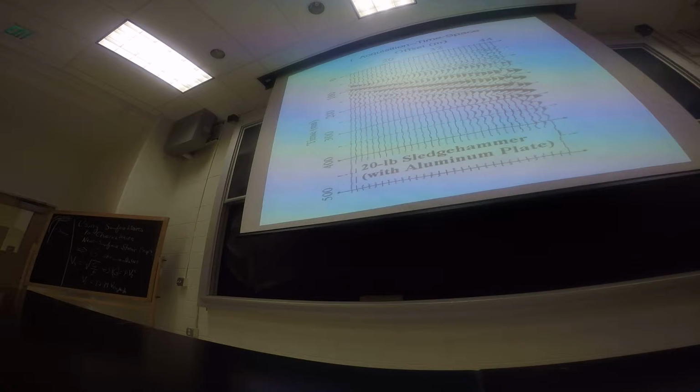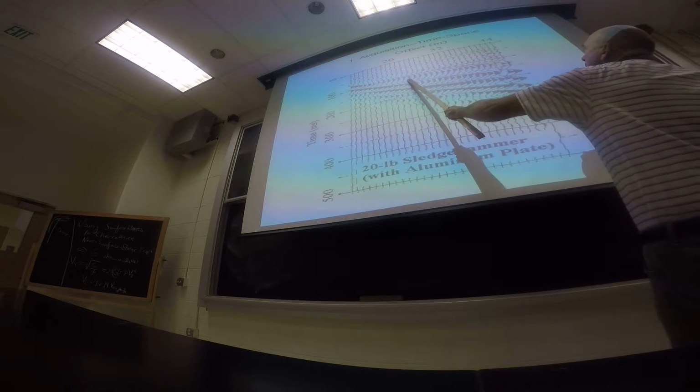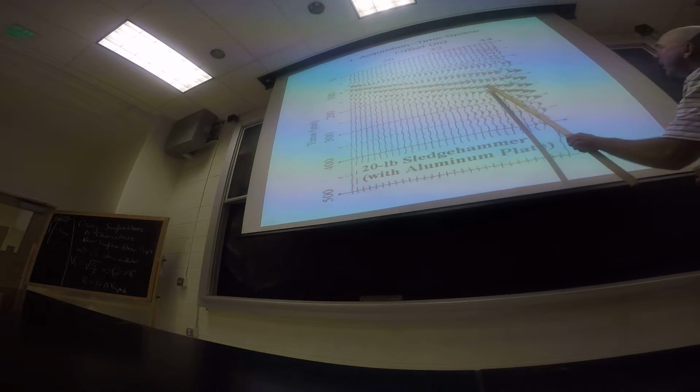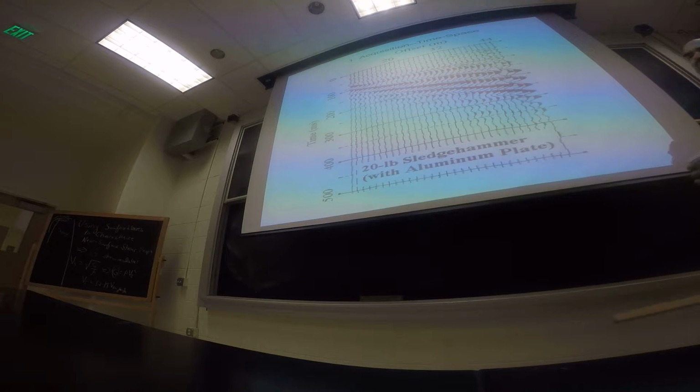So if the period is 45 milliseconds, then we do 1 over 0.045, and we're going to get a little bit more than 20 hertz, right? Maybe 21, 22 hertz. So this wave is propagating at 21 to 22 hertz. This wave is propagating at 30 plus hertz.